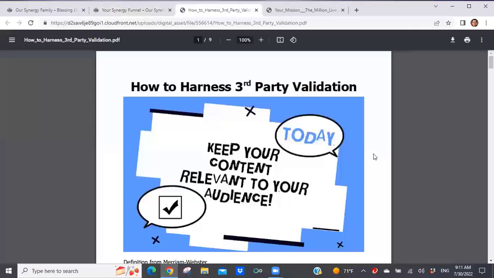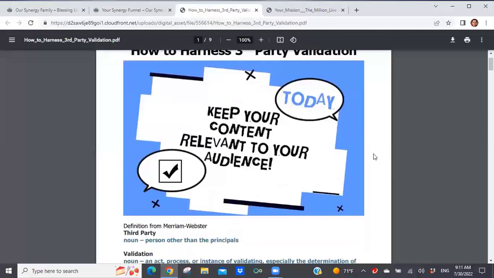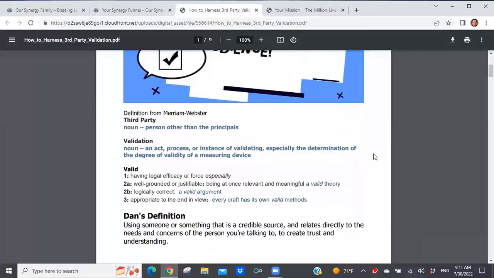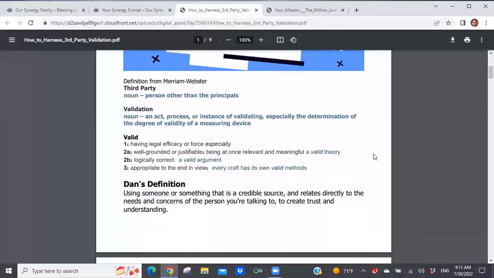If you click on that image, it opens up a PDF, and it helps you understand the value of third-party validation. Now, if I try and tell someone what I think they should do, the unfortunate reality is that that person may or may not accept it, because it's like, okay, how did you become an expert in this, Dan?